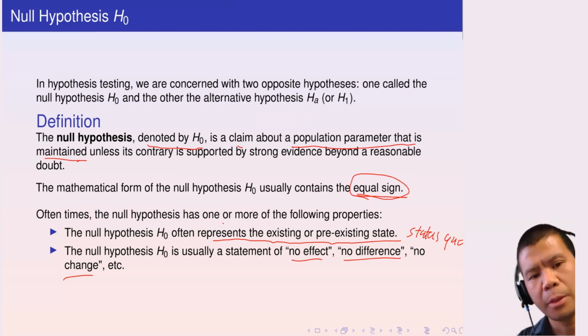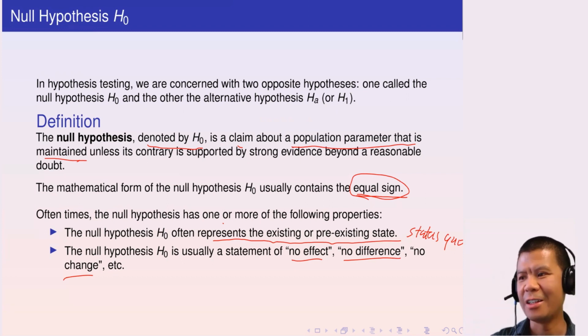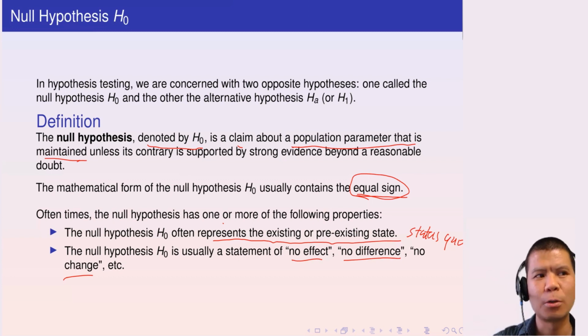Hypothesis testing is really like a court trial. In a court trial, we have 2 hypotheses. One is that the defendant is innocent. Its contrary is that the defendant is guilty. In such a case, you have to assume that the defendant is innocent.